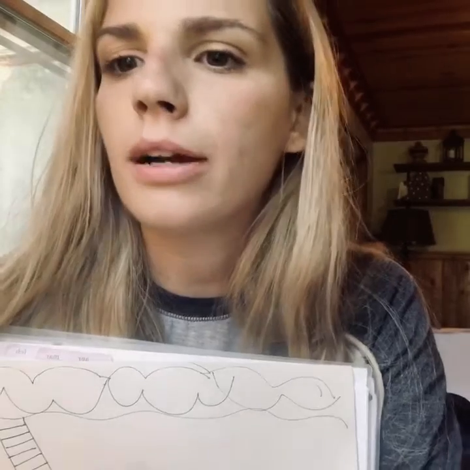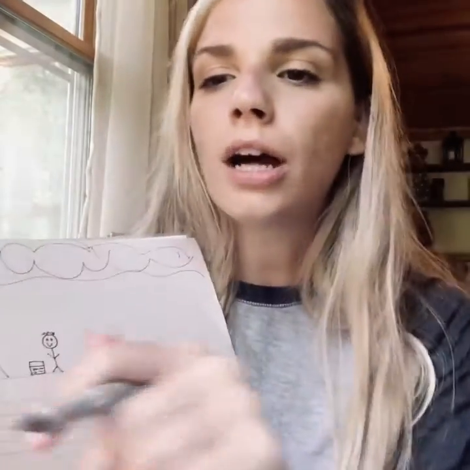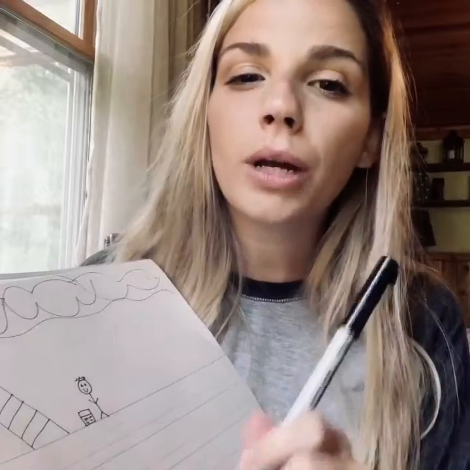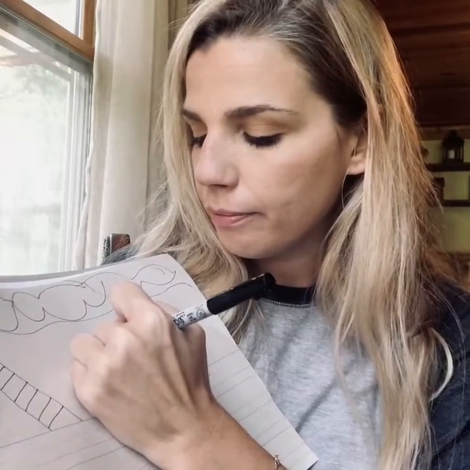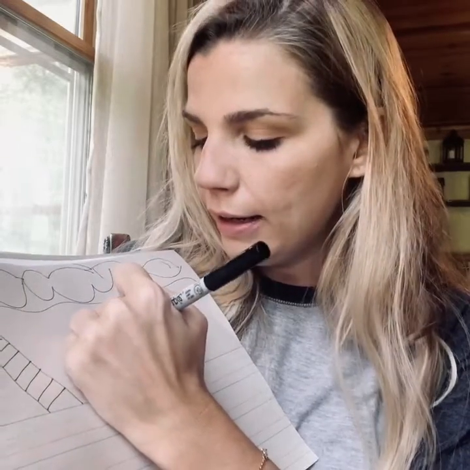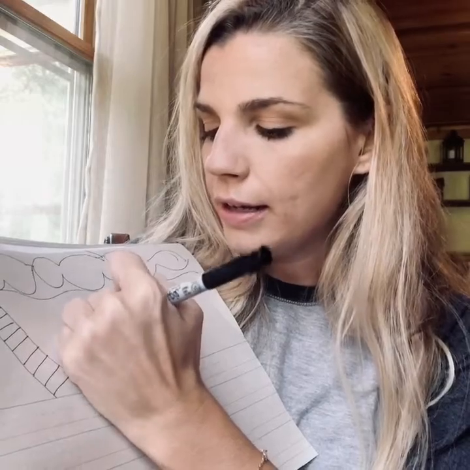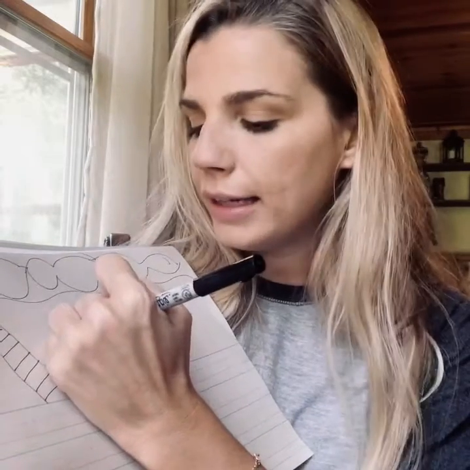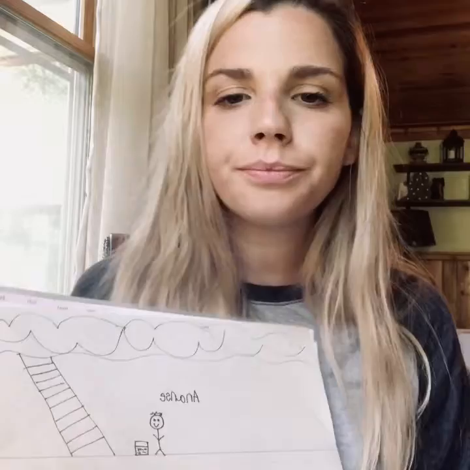I can't remember how to spell his name. There we go. Anansi. So I'm going to go ahead and label him first. Let's sound that out. A, and since it's a name, we got to make sure it's a big A, a capital A. N, A, N, S, E. Anansi.